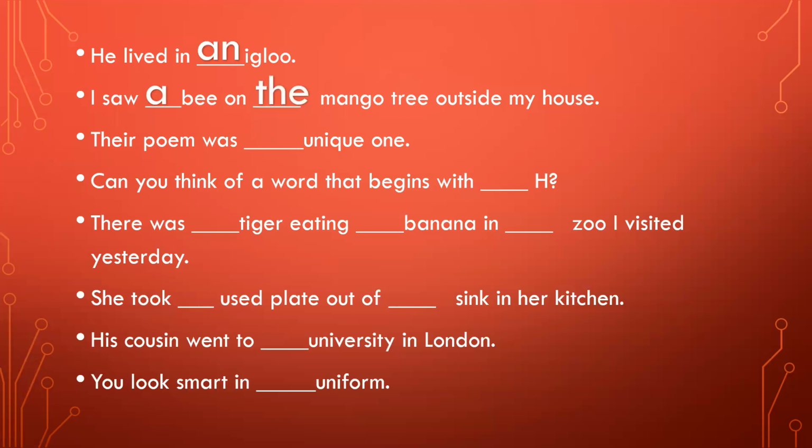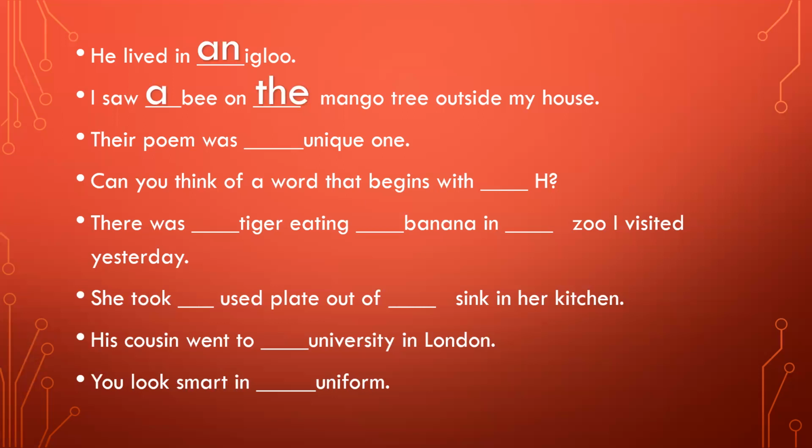And let me explain why this is. I saw a bee because of the B sound, and it's not any particular one. And now we are talking about a particular mango tree, the one outside my house, that particular one. So you have to say the mango tree.